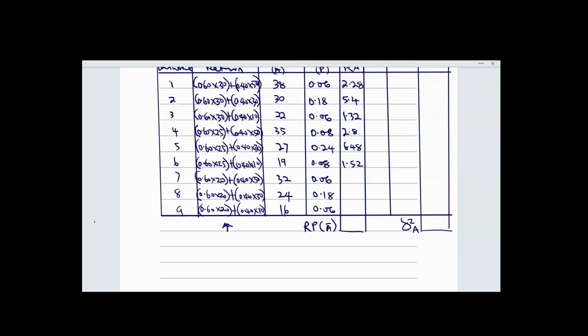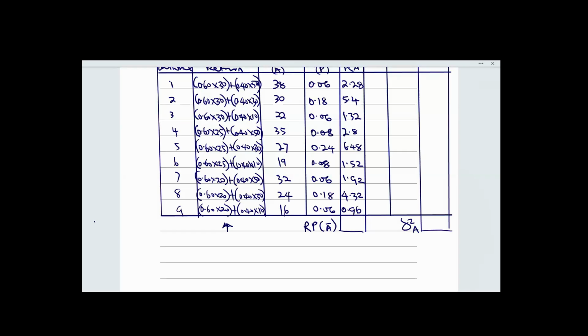Then 32 multiplied by 0.06, 1.92. 24 multiplied by 0.18, 4.32. And the last one, 16 multiplied by 0.06, 0.96.